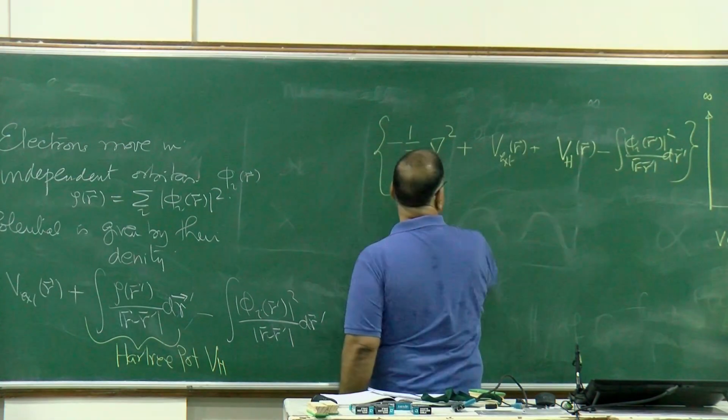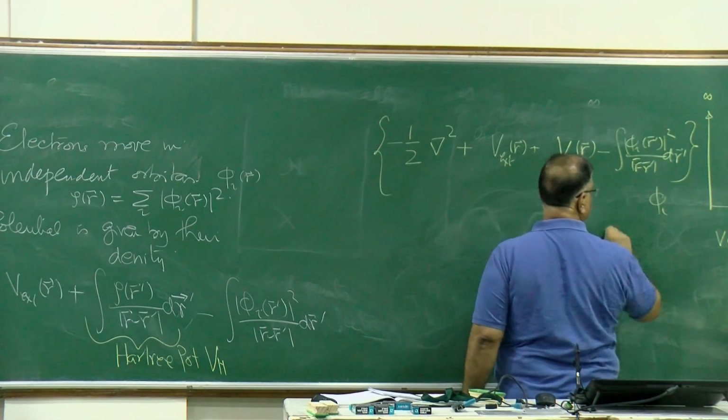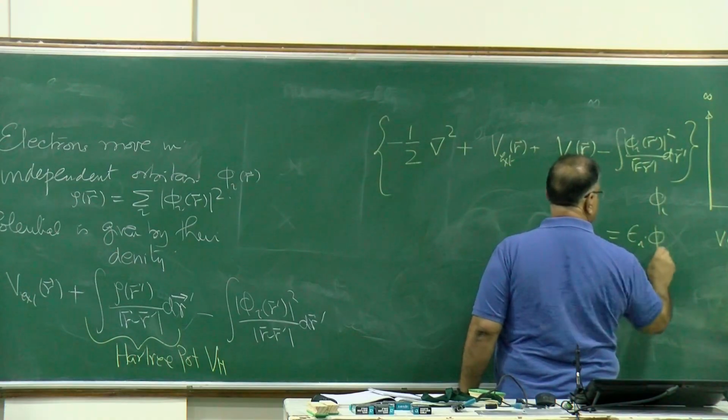This whole thing operates on phi i and gives epsilon i phi i.